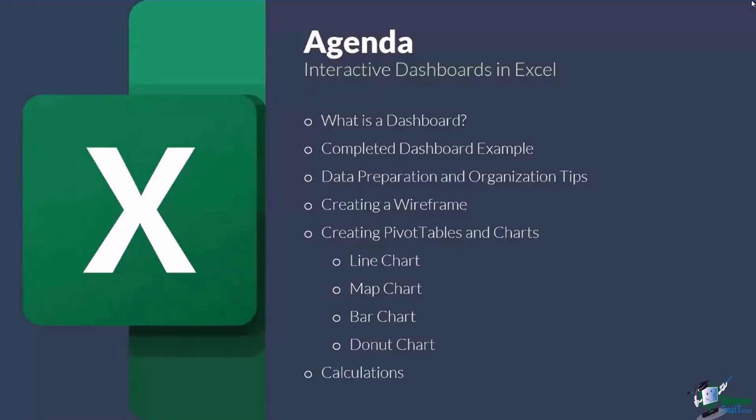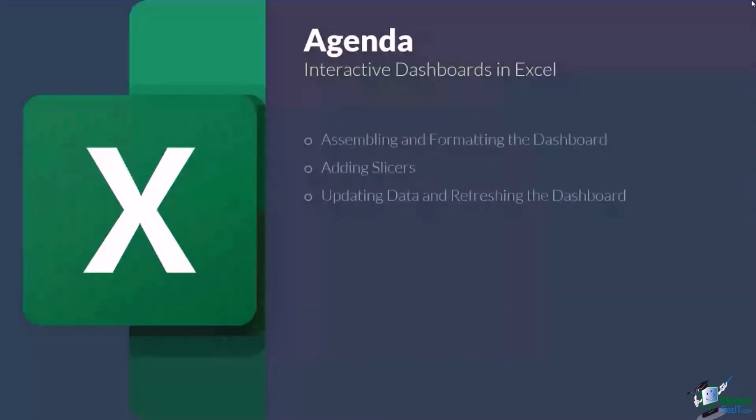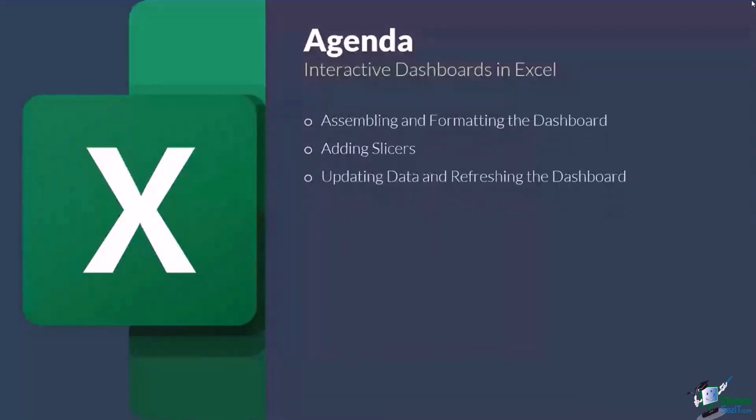So you can really see the potential and the flexibility that you have when you're creating dashboards in Excel. We're then going to go through and bring it all together. We're going to assemble our dashboard, and then we're going to go through some basic formatting. In the real world, formatting your dashboard is a very important step. You want it to look really nice, really modern, really slick.